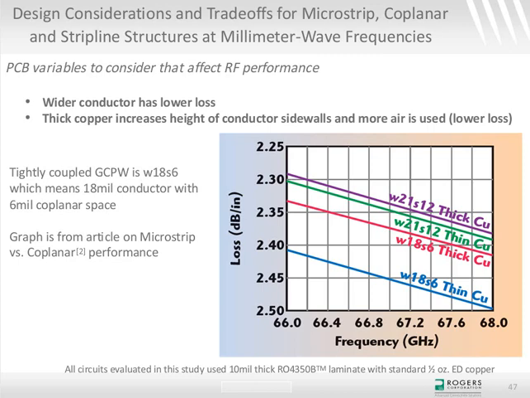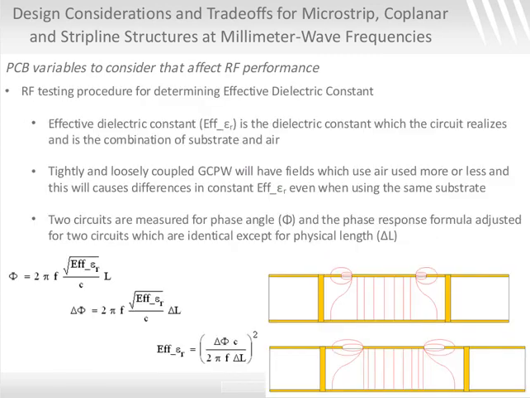Air is the lowest loss medium, so the lowest loss circuit should be W21S12 thick copper. W21, the widest conductor, and thick copper. On the opposite end of the spectrum, W18S6 thin copper. That's the most narrow conductor, 18, and also has the thinnest copper, which means there's less coupling on the coplanar layer and more coupling within the substrate, so less coupling in air.